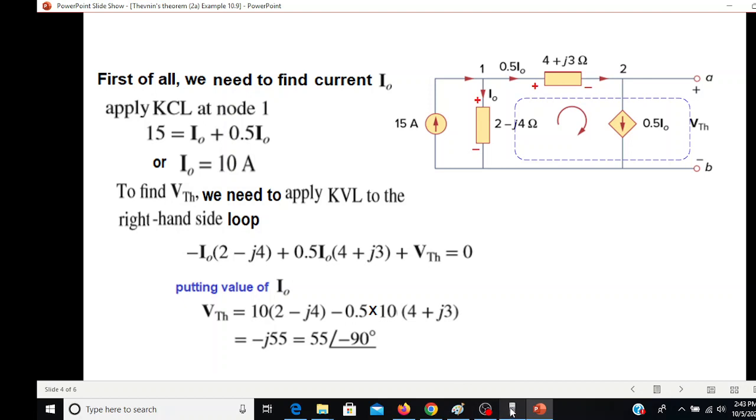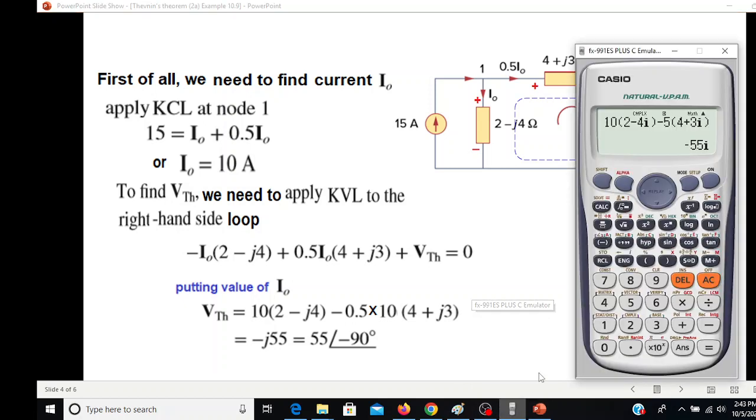So let me show you with the help of a calculator how easily you can do it. Make sure that your calculator is in complex mode. So press mode and 2 for complex. Now it is in complex mode. Now I will directly enter all these values.